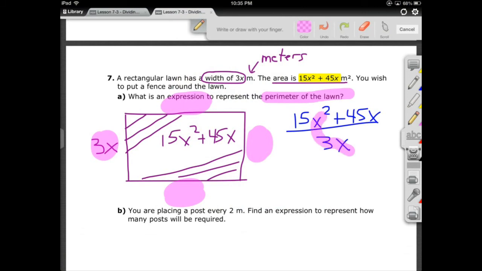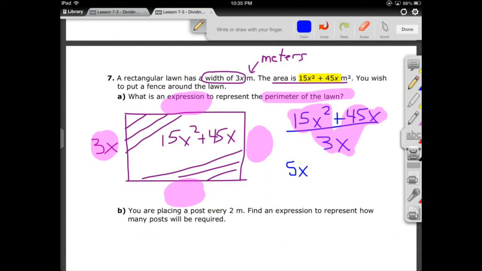So if we do our little crisscross technique here, and we might as well extend it over this way. What do we have once we do the division? Well, 15 divided by 3 is 5, and x squared divided by x gives us an x to the first term.